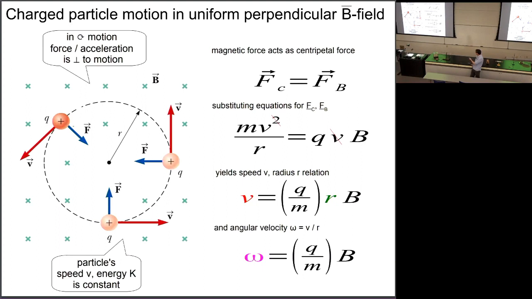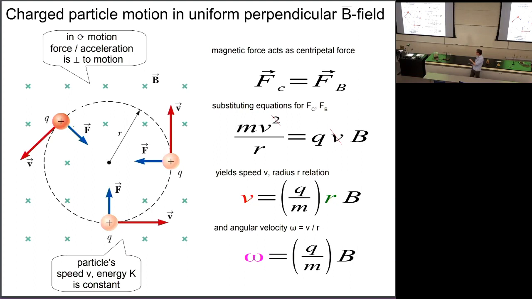It tells us something very interesting. This is probably the most interesting bit about it. The relationship between the speed and the radius of the orbit depends on this ratio of the particle's properties, its charge to mass ratio. So it depends on this ratio of the charge of the particle to the mass of the particle.